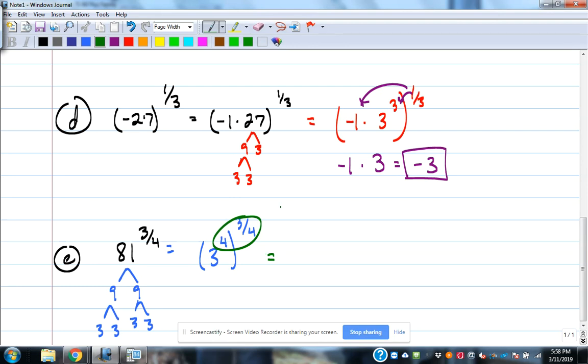Well, it's 4 over 1 times 3 over 4. The 4s cancel, ends up being 3 over 1. So it's 3 to the 3rd power, which is 27. Yeah, that's right. And then you cross cancel.